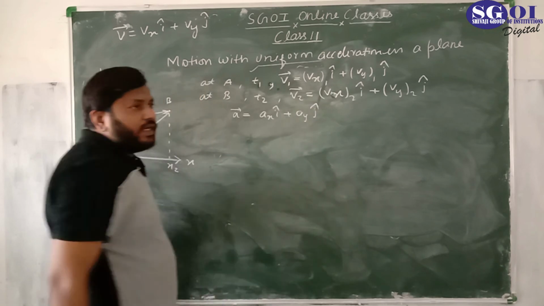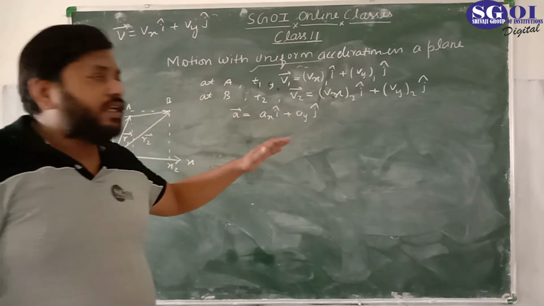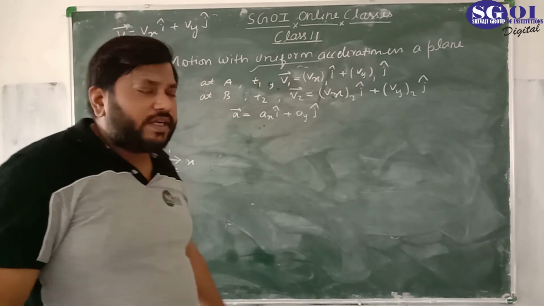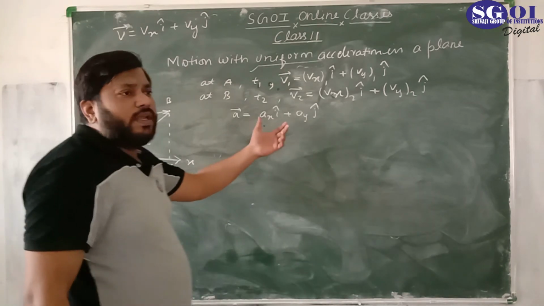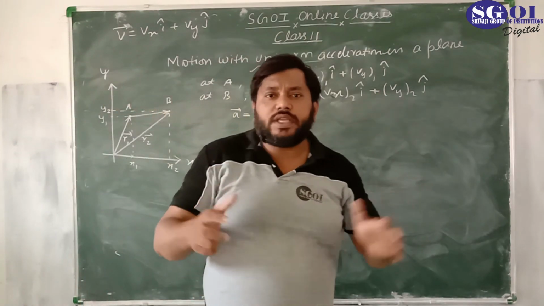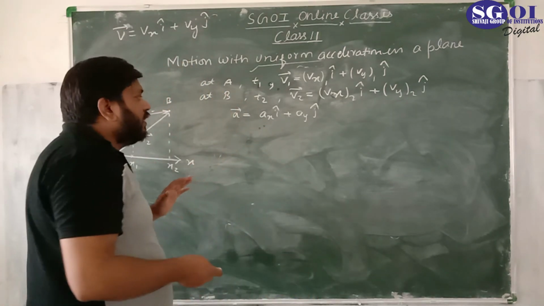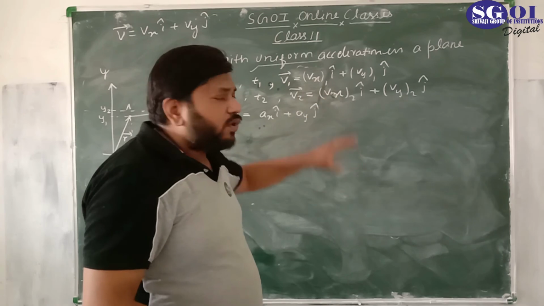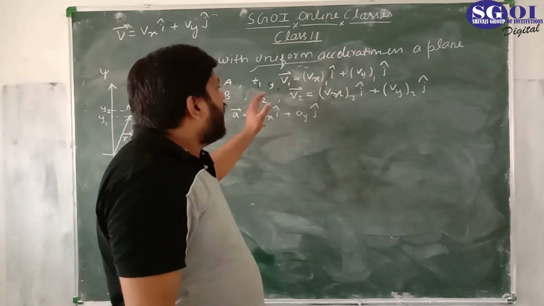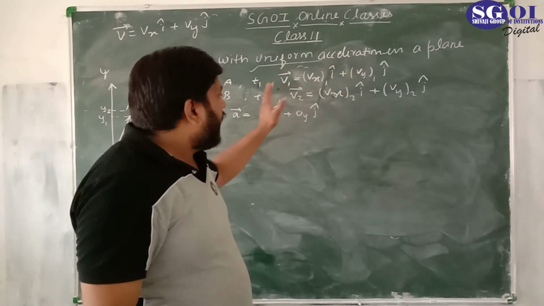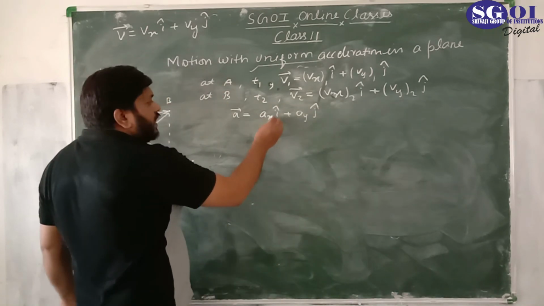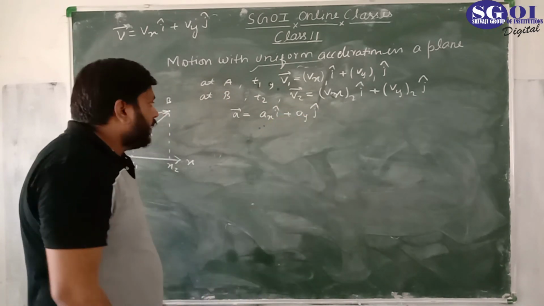It has both components because it is moving in a plane, in two dimensions. There are two components of the vectors, x and y. It could be y and z if it is moving in the yz plane, or x and z if it is moving in the xz plane. Here we are taking this particular example for the xy plane, so I am only bounded with x and y coordinates. So this is ax i plus ay j.